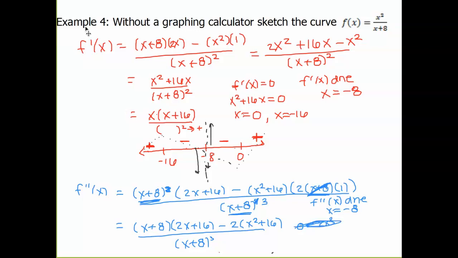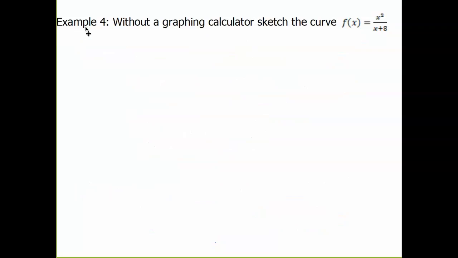I'm going to go on to the next page or clear this page. I have 2x squared plus 16x plus 16x plus 128 minus 2x squared minus 32x.